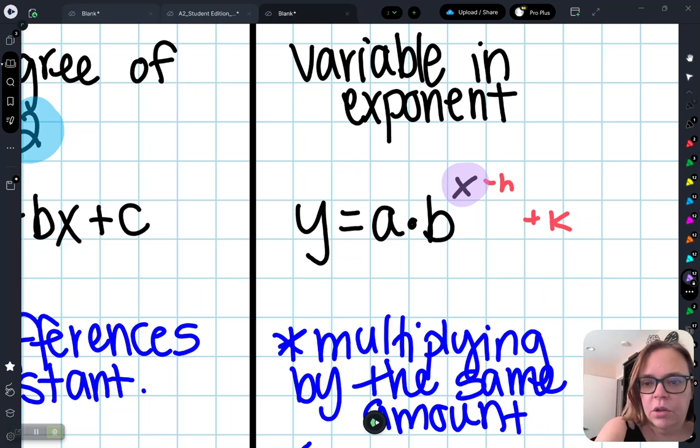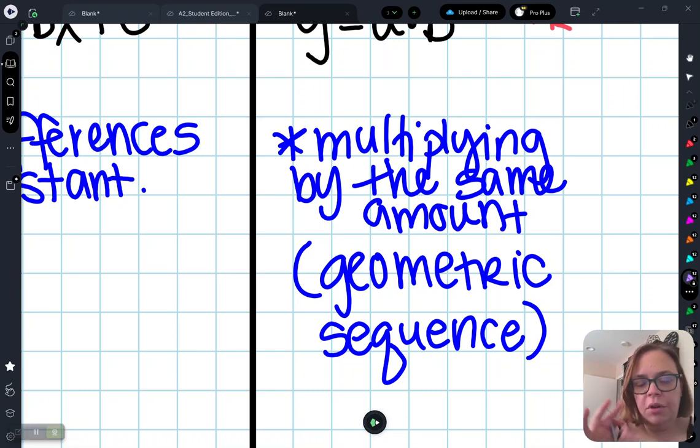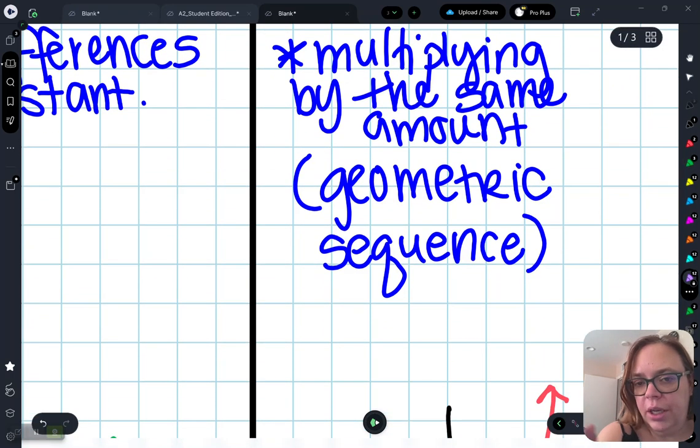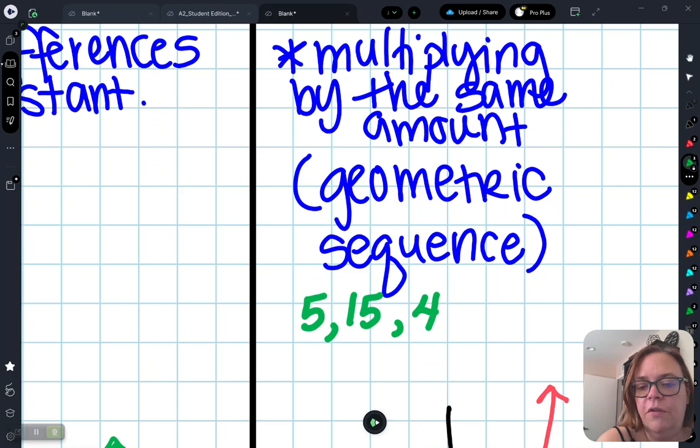Exponential equations come about by multiplying by the same amount each time. Essentially they're related to geometric sequences. A geometric sequence is a sequence of numbers where the numbers are being multiplied by some common thing each time, a common ratio. So maybe it starts with 5, and then it becomes 15, then it becomes 45.